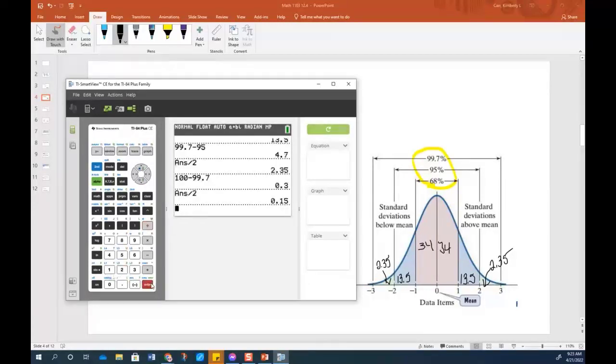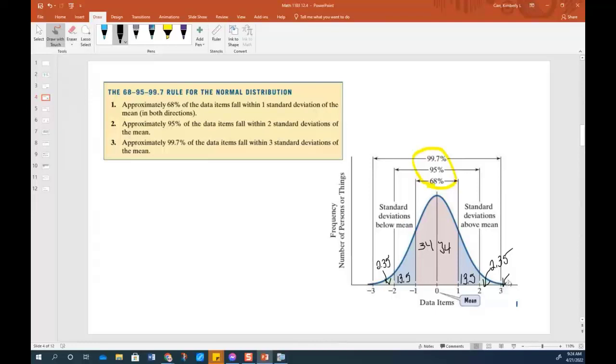If I divide that by 2, then out in each tail, I have 0.15%, and that is a very, very tiny amount. Because you've got to remember, since it is a percentage, then we're really looking at a 0.0015 probability that anything is past 3 standard deviations from the mean.